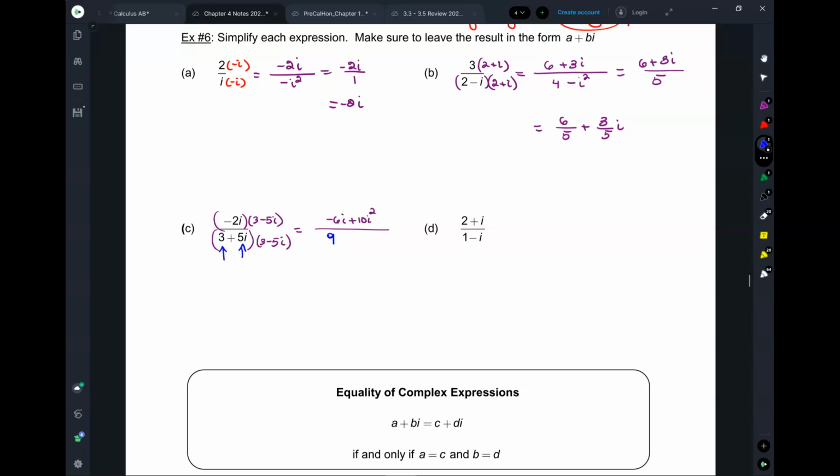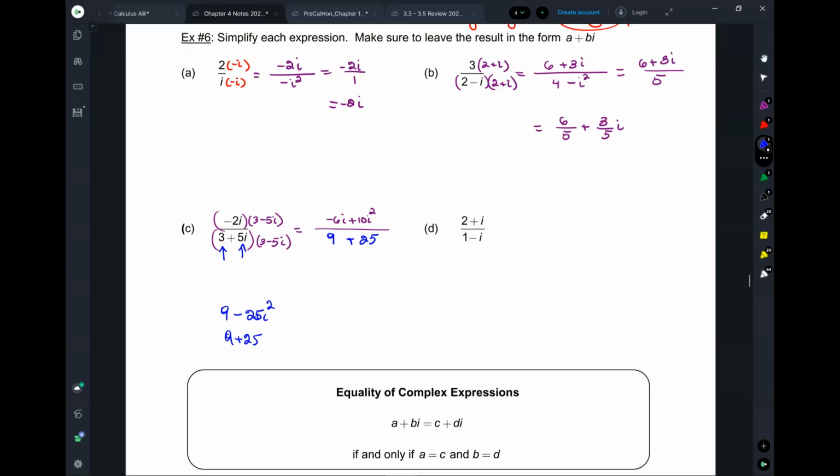Just square the 5, the coefficient, 25. But then you're going to add them, not subtract them. So it's a little bit different, but you use the shortcut. Because it would have been 9 minus 25i squared. Then it would have been 9 plus 25. So that's the shortcut. Only if it's i's do it that way.